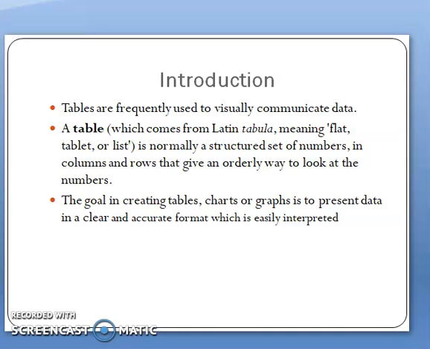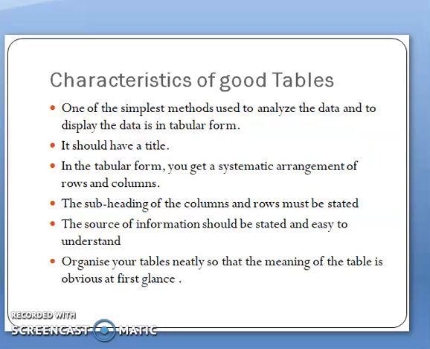The goal in creating tables, charts, or graphs is to present data in a clear and accurate format which is easily interpreted by everyone. In this slide, you can know about the important characteristic features of a good table. This is a very simple method used to analyze the data, and it is also helpful to display the data in tabular form.